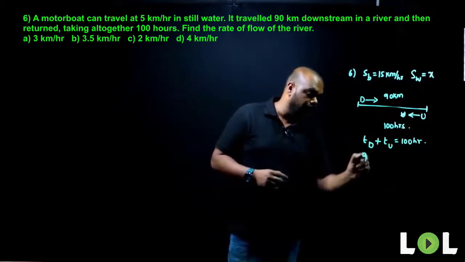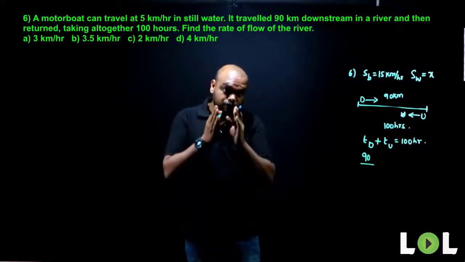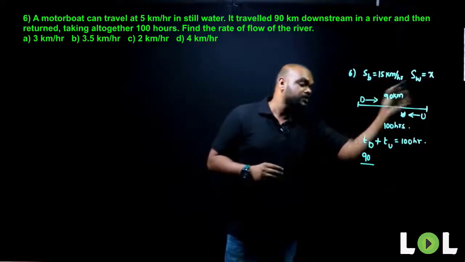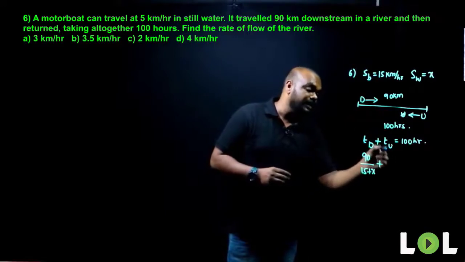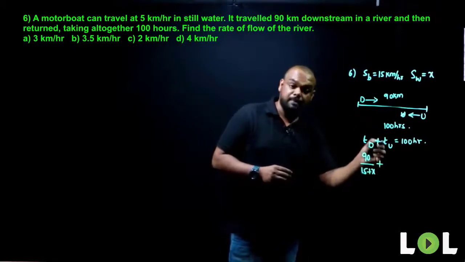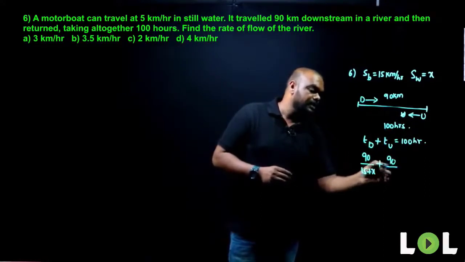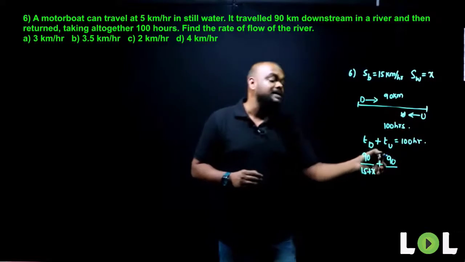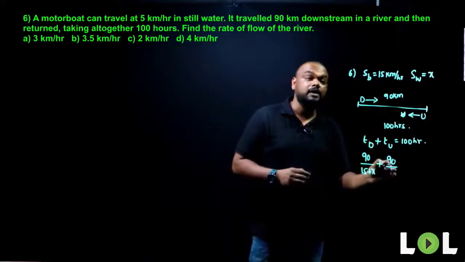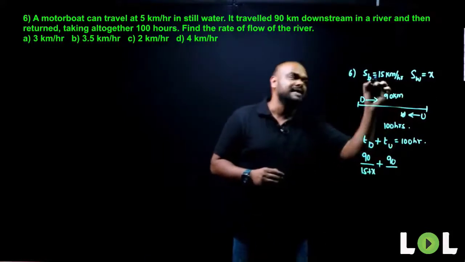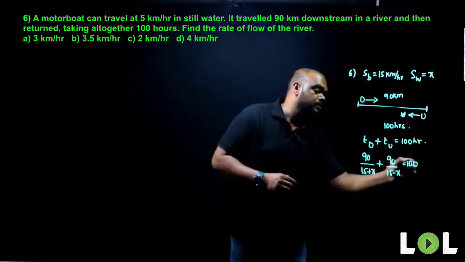Distance is 90 kilometers divided by downstream speed, which is SB plus SW, that is 15 plus X. Plus 90 kilometers divided by upstream speed, SB minus SW, that is 15 minus X, equal to 100 hours.